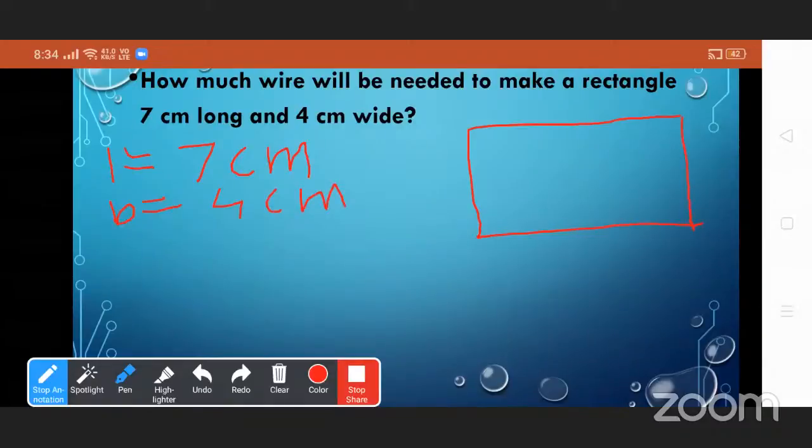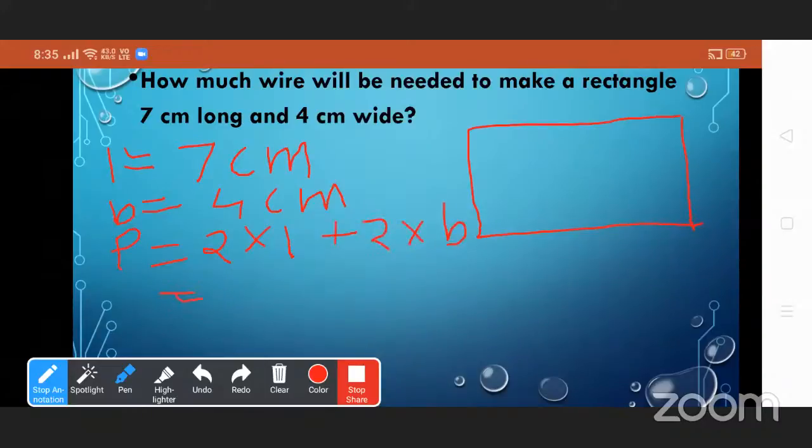What is the perimeter of a rectangle? The formula: perimeter equals 2 into length plus 2 into breadth. Very good.